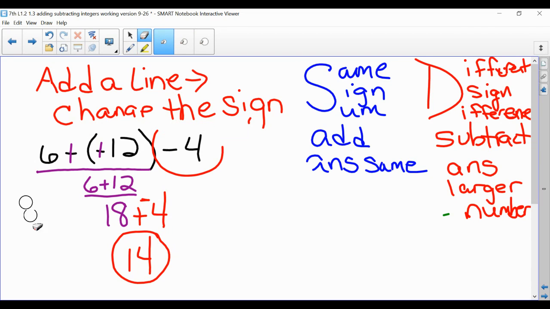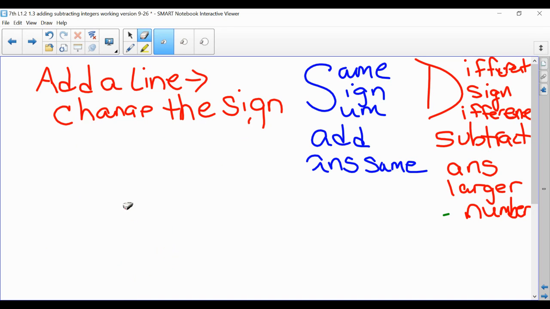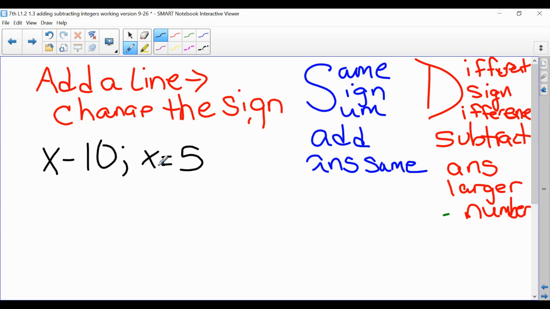And substitution, that is when we have algebraic expressions with our variable in it, right? Remember, our variable is the letter. So we'll have something like x minus 10. And we could say that x equals 5. So this problem's telling me that x is 5.